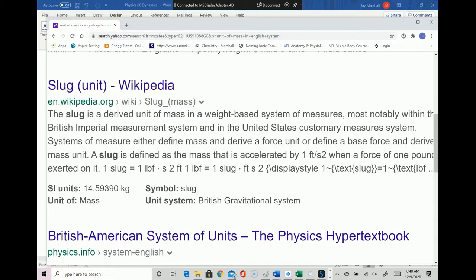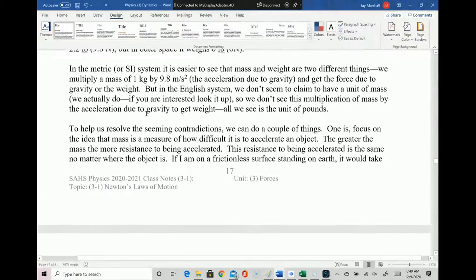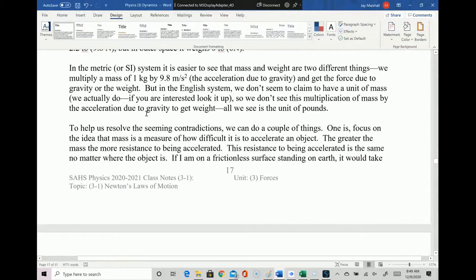And in the SI system, it equals 14.6 kilograms. So 1 slug is 14.6 kilograms. Anyway, there is a unit of mass in the English system, or the U.S. customary system, as I've now learned. So we actually do have a unit of mass if you're interested in looking it up.